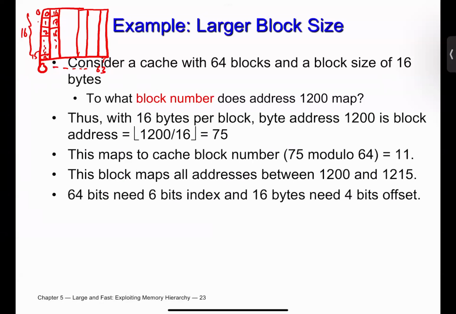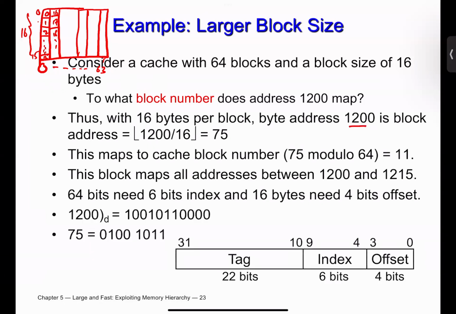So here we have 16 bytes per block, and we need the address 1200. With this 1200, I can do 1200 divided by 16, just to floor it. It will give me 75. And if I have 75, I can apply the same idea that I had earlier, which is 75 modulo 64. It gives me 11, because now with this 75, I'm talking about the blocks. So I just transferred from bytes to blocks. So 75 modulo 64 gives me 11.